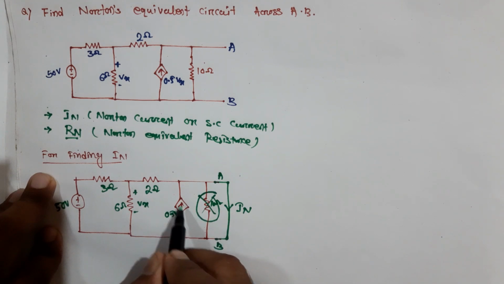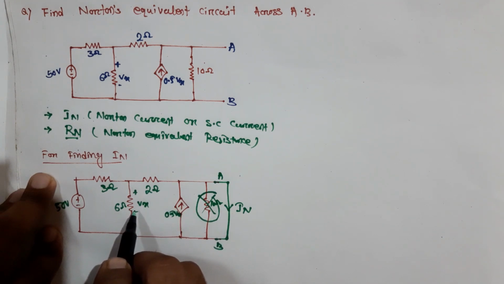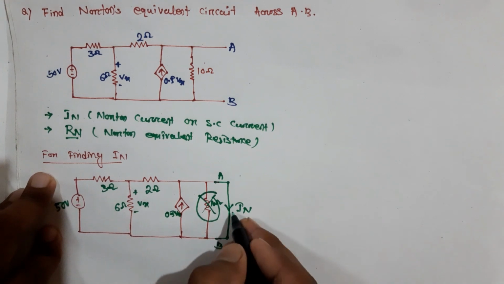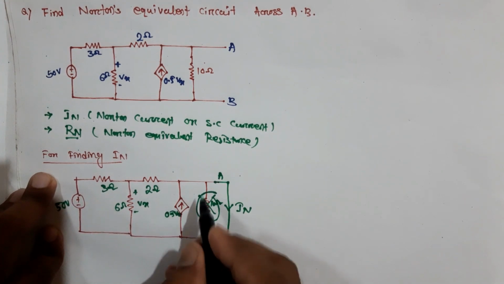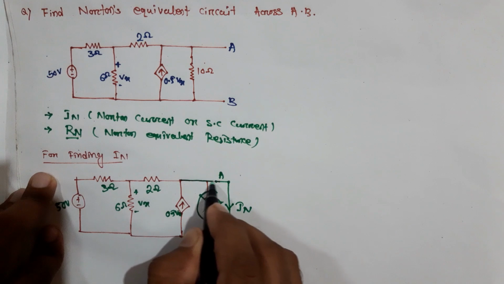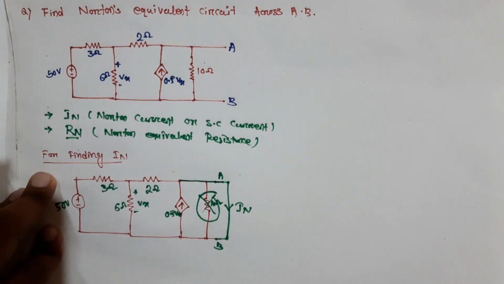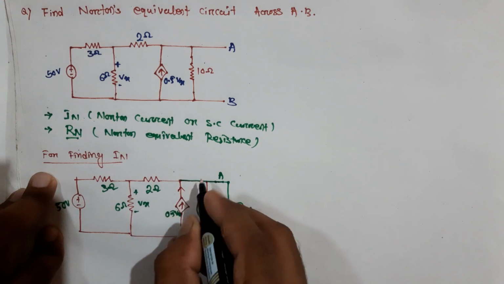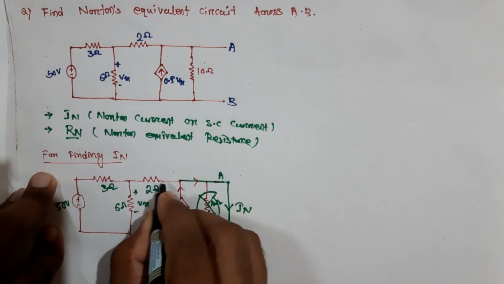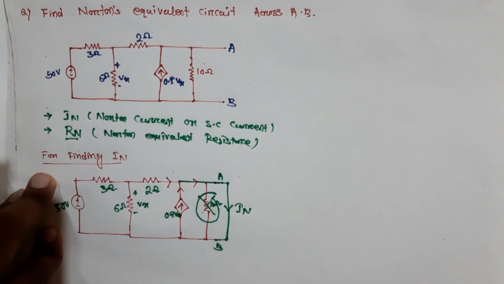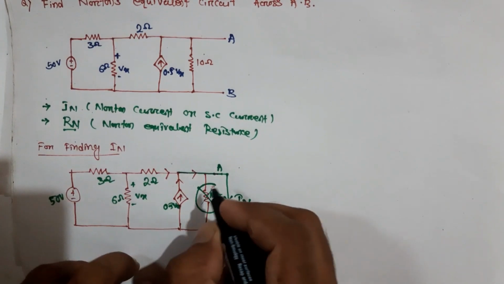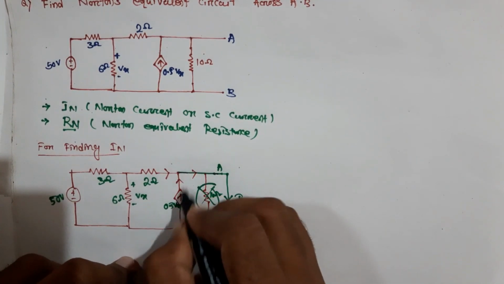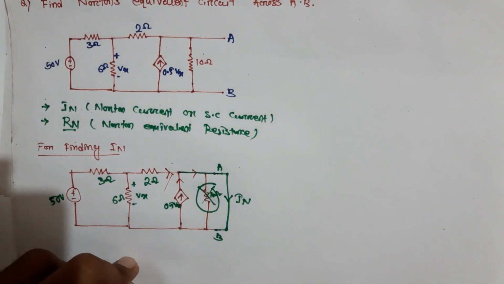This current source depends upon this voltage. We need to find this current. We know that this current is equal to this much current plus this much current.